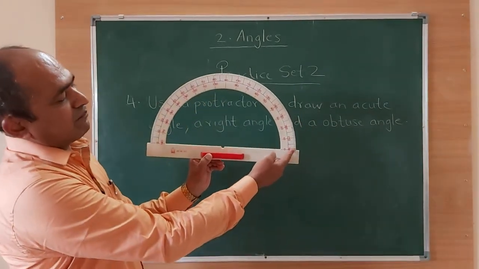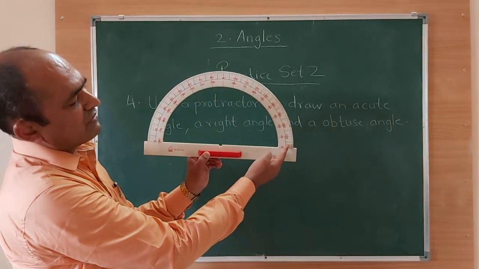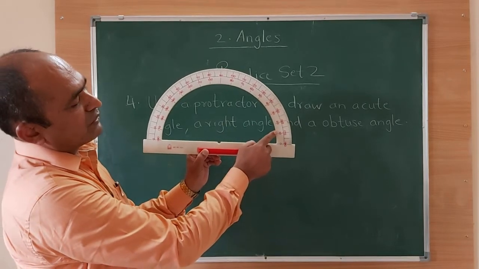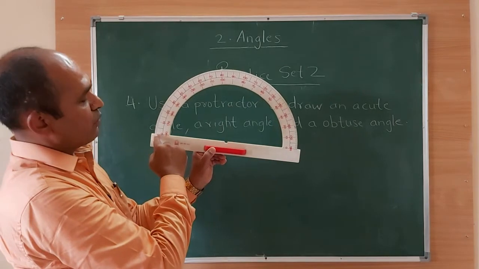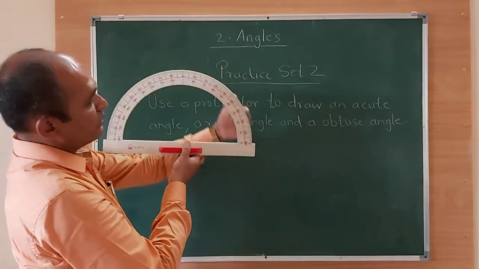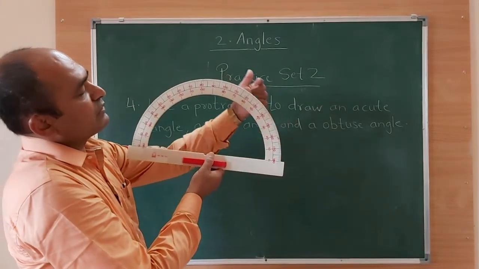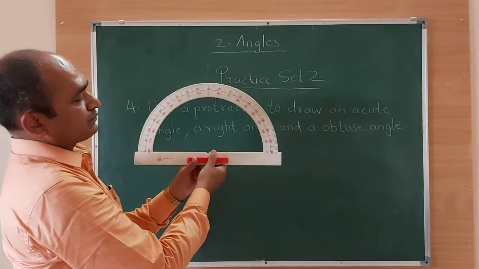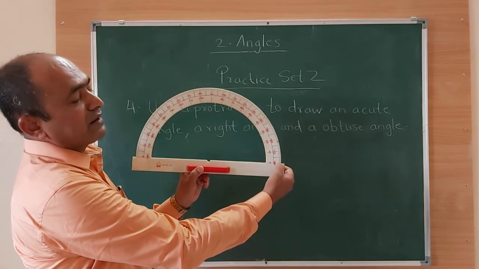If you can see, the semicircular edge of the protractor is divided into small units. Can you see? 0, 10, 20, 30, 40, 50, 60 like that till 180. From the left side also it is divided into 180 parts, and from the right side also. Each part measures 1 degree.